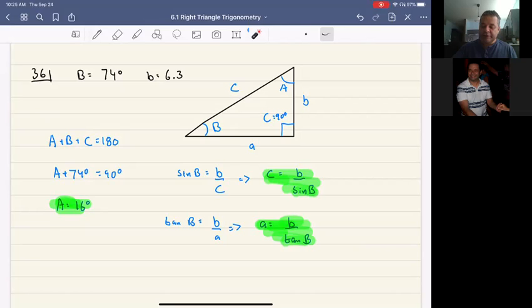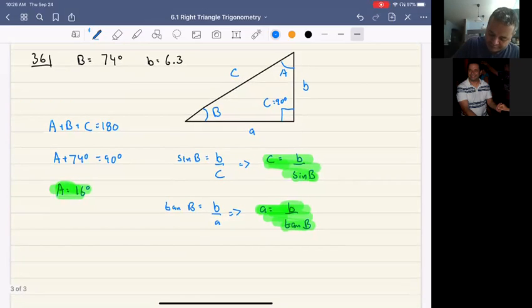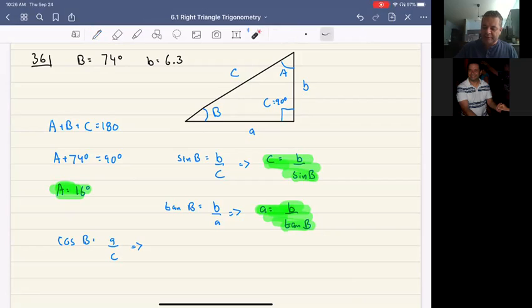I could have just as easily said cosine of B equals A over c, and then once I have c from above, A equals c cosine of B. And that should match.